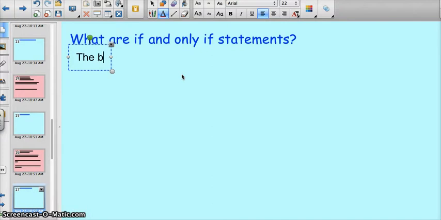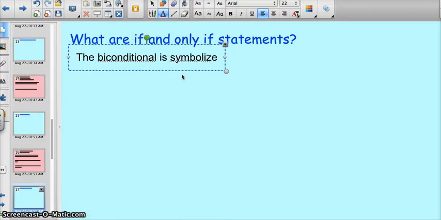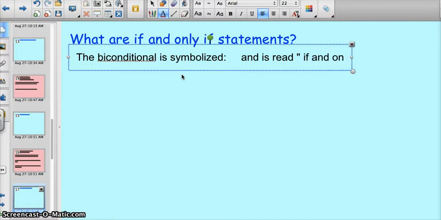The biconditional is read as "if and only if."